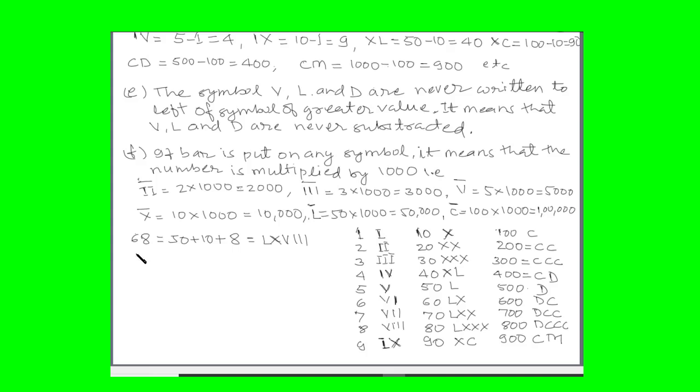We go to number 98. So we write 90 plus 8. From the chart we go to 90. 90 is XC and 8 is VIII, V and 3 times I. So this is 98.